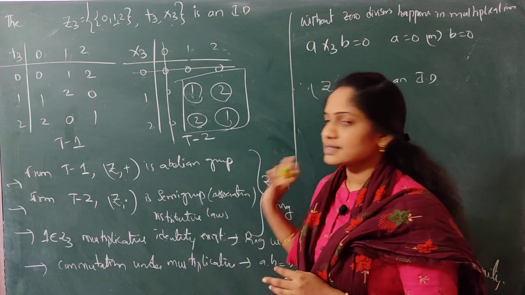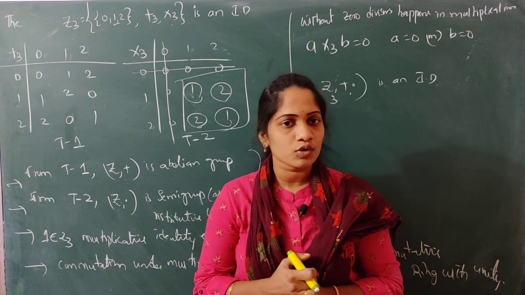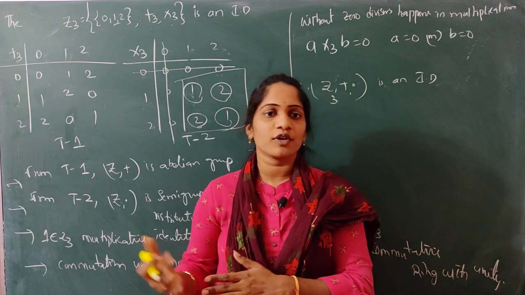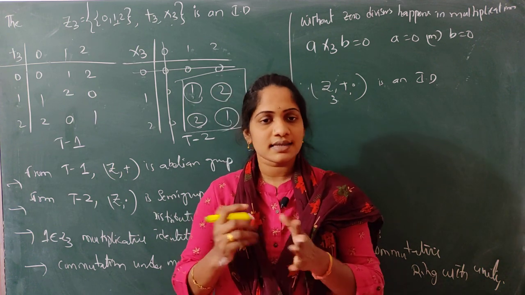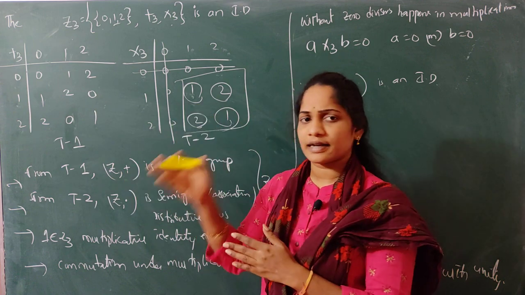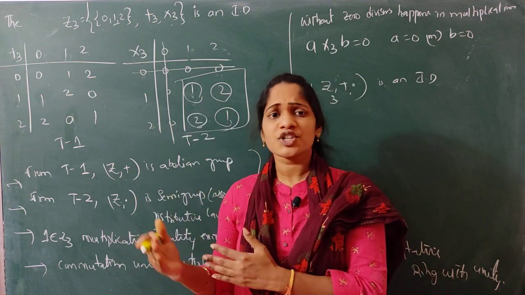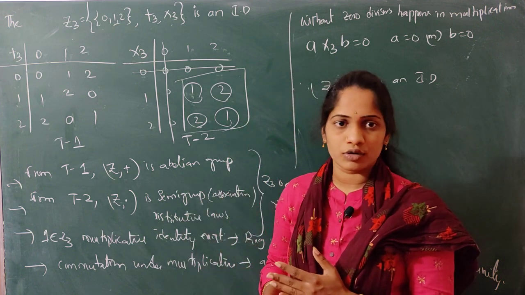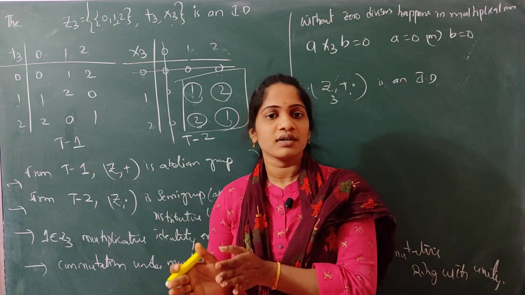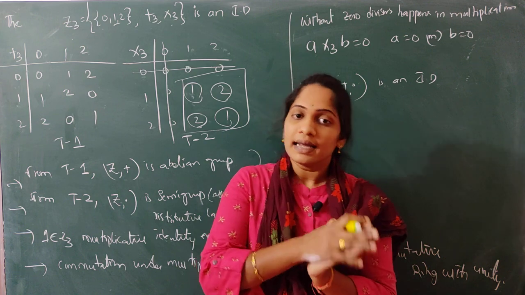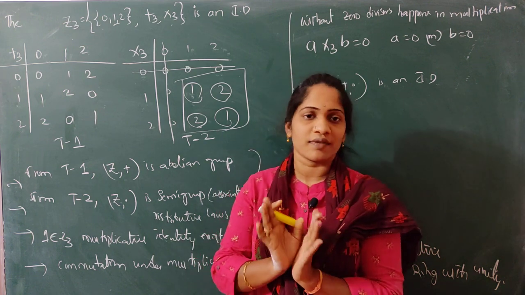So this is the example, which I think is very useful for you. In the next upcoming video, let us take Z3, Z4, Z5, Z6 like that, under addition and multiplication modulo. Let's check which of Z3 or Z4 becomes an integral domain, with or without zero divisors. Got the point?